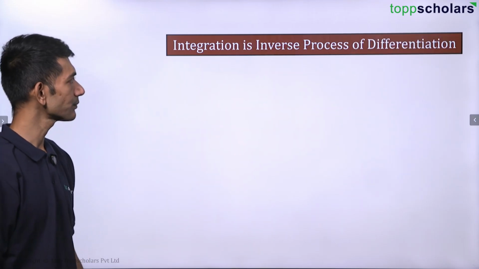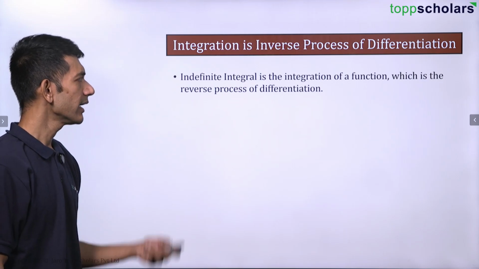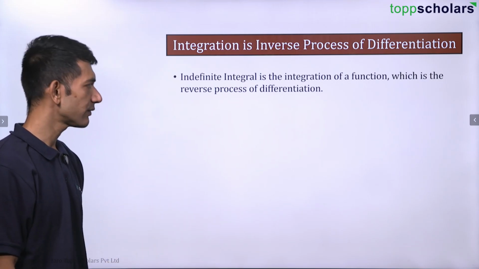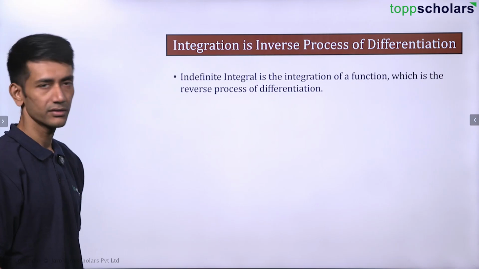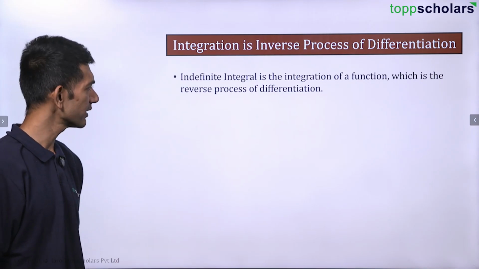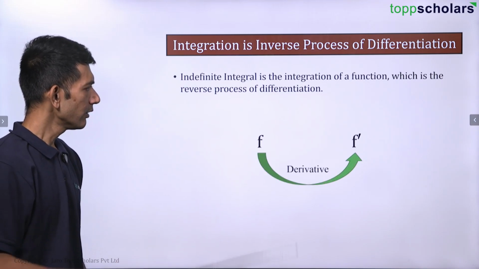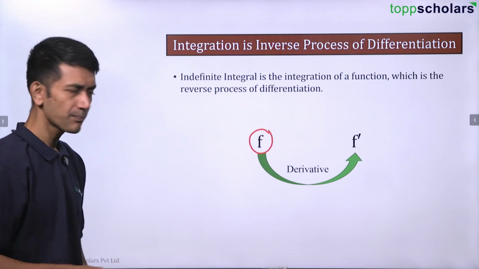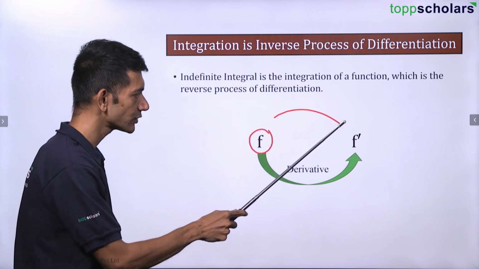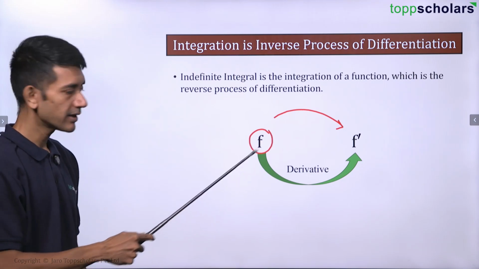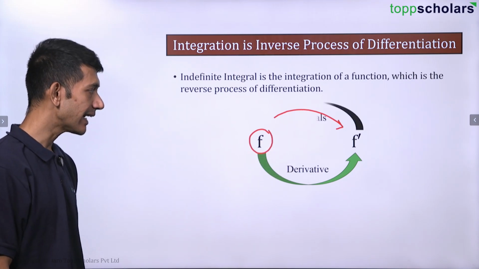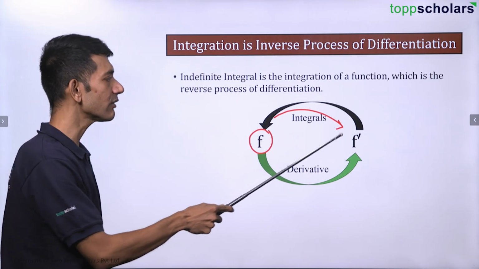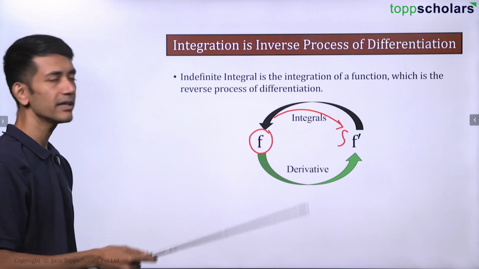Let's continue. Indefinite integral is the integration of a function, which is the reverse process of differentiation. We already know this. So f is a function, suppose, and its derivative is f dash. Then we can say that the integration of f dash is f.